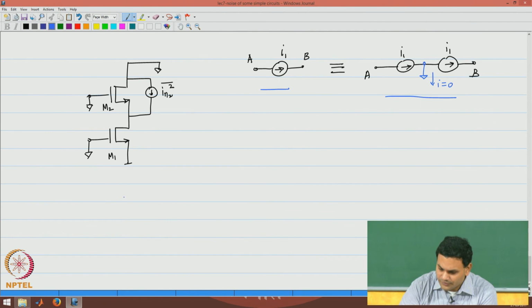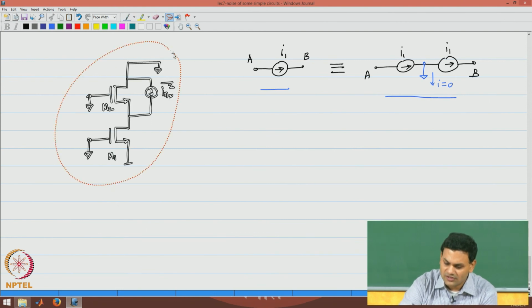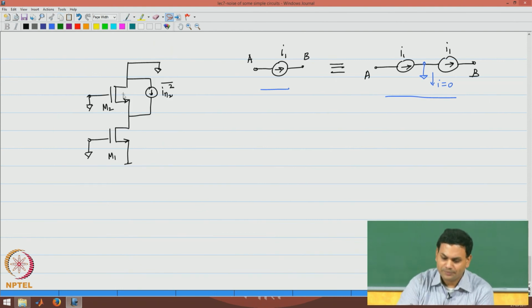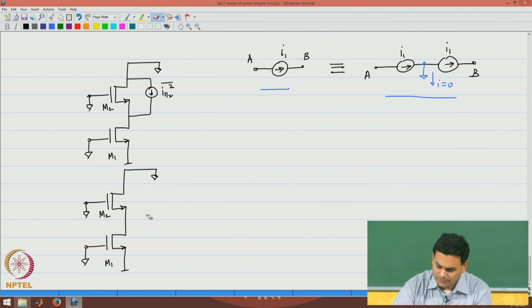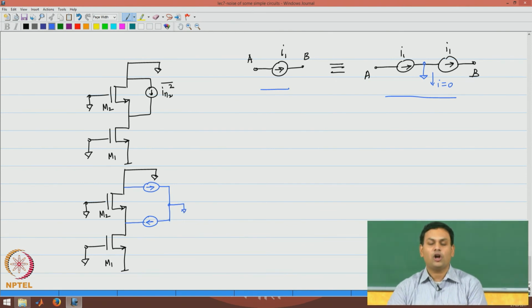So, we will split In2 squared as two sets of sources. To do this, I will make a copy of this particular network. I will show this in blue. I am maintaining the same direction, and I am going to short the intermediate point to incremental ground.